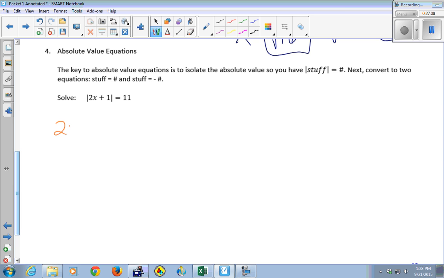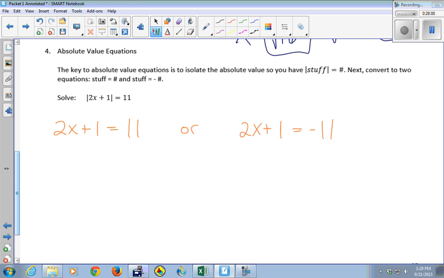It could be that 2x plus 1 is 11, or it could also be negative 11, because then when you take its absolute value, you would get 11. Does that make sense?